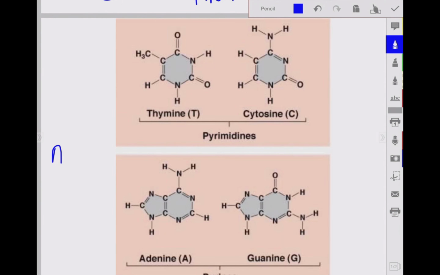Adenine itself will always bond with thymine, and it actually makes a double bond. So we'll go like this. There you go. We'll look at it in the reverse. There you go. So A bonds with T. Now, if we look at cytosine, they form triple bonds, as it turns out.